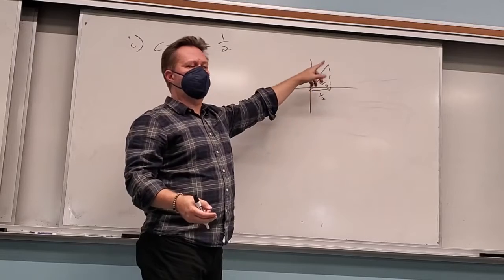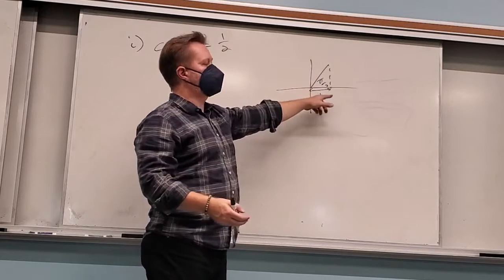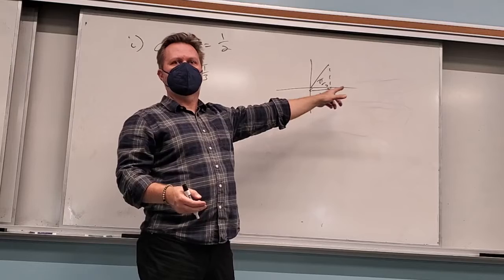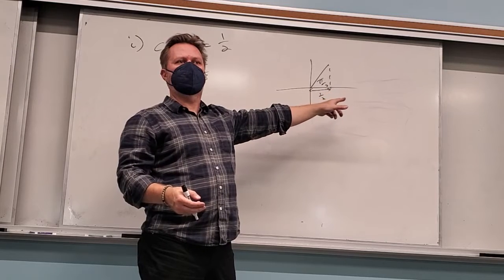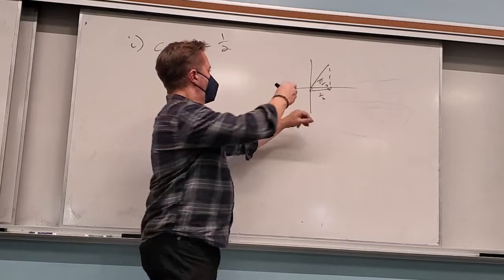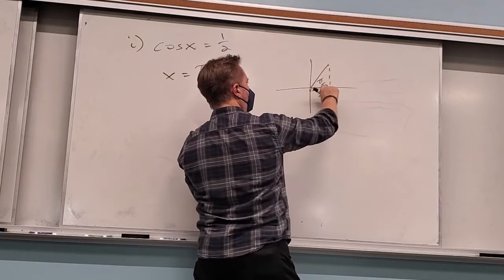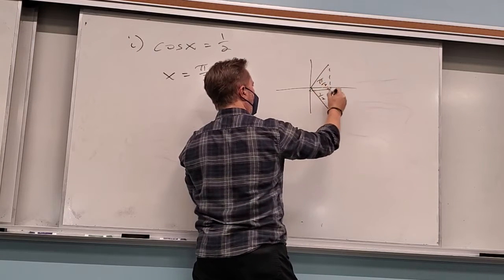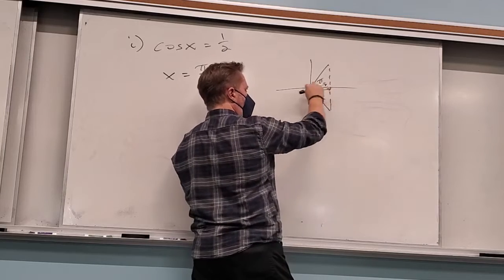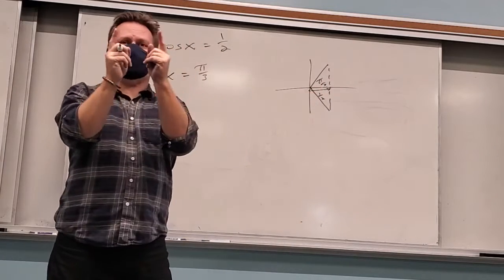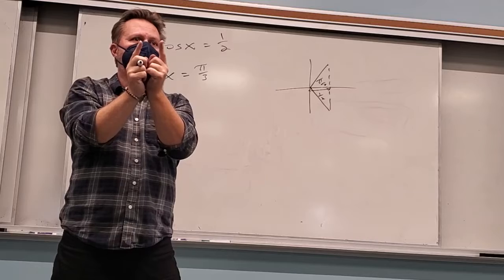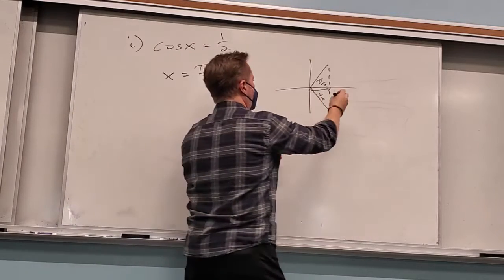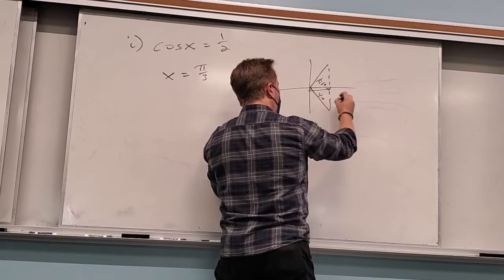So is there another place where cosine is 1/2? Let's use some radians here, so this will be a little bit tricky. But isn't there one here where the cosine is also exactly 1/2? Do you guys see that? But now the angle is back pi over 3.